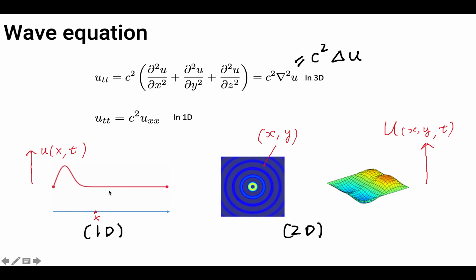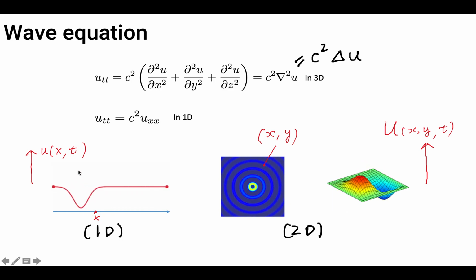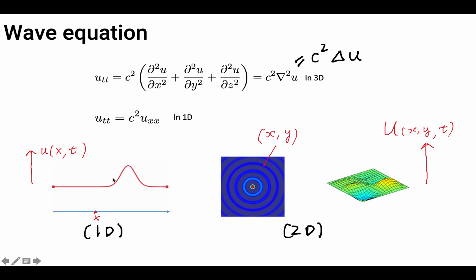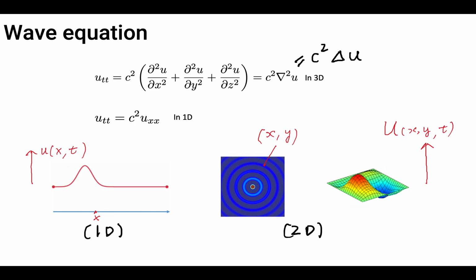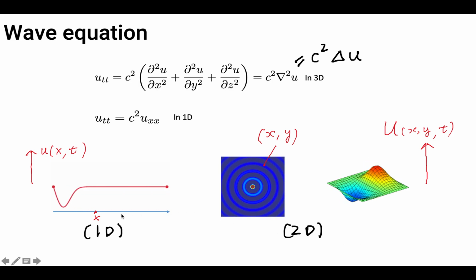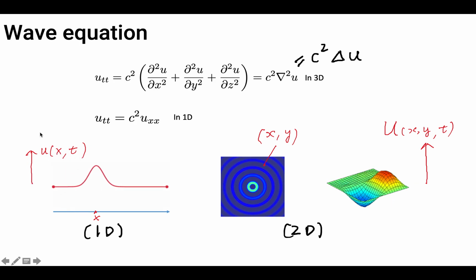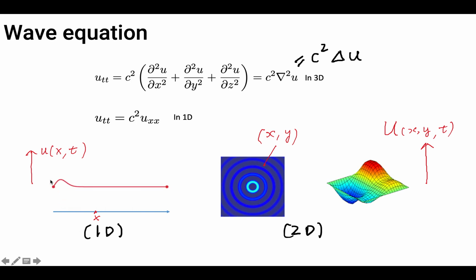Rather, the rope is going up and down, right? The rope at each location x is actually going up and down. So in this example, x represents the location, u of x at time t represents the vertical displacement of the rope at the particular position x.